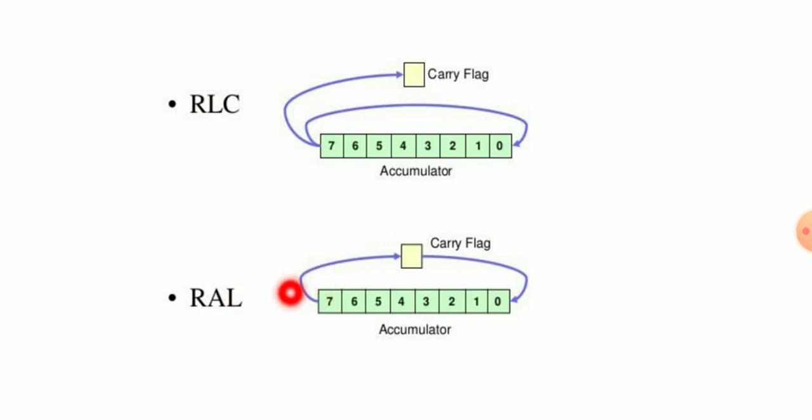In RAL, bit D7 is shifted to the carry flag, and the status of the carry flag is shifted to D0, and D0 is shifted to D1, D1 to D2, D2 to D3, D3 to D4, D4 to D5, D5 to D6, D6 to D7, and so on. It is the same for RRC or RAR, but in this case the arrow is reversed, so we can say the shifting is from the right side. That is an example of rotation.